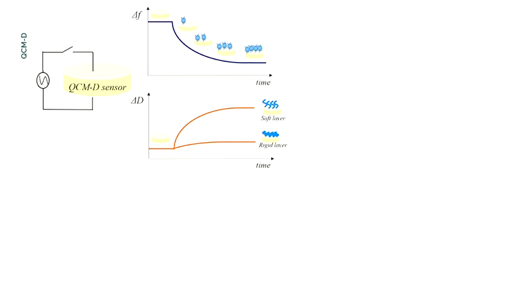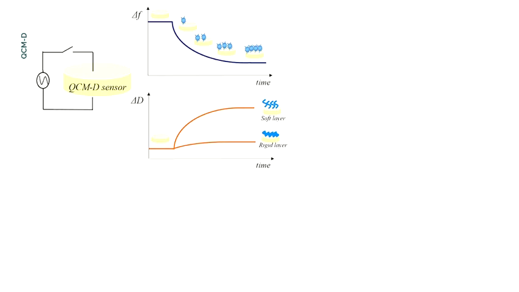We also can monitor changes in dissipation. Dissipation is like energy loss. And when we add, again, cells or other molecules to our QCMD chamber, the dissipation can increase, and then we know that we work with a quite soft and viscous layer.